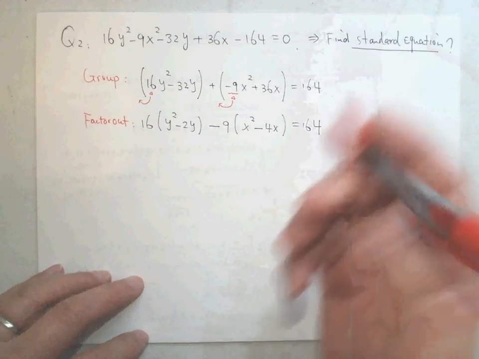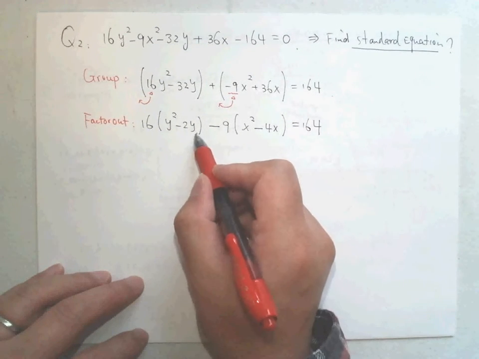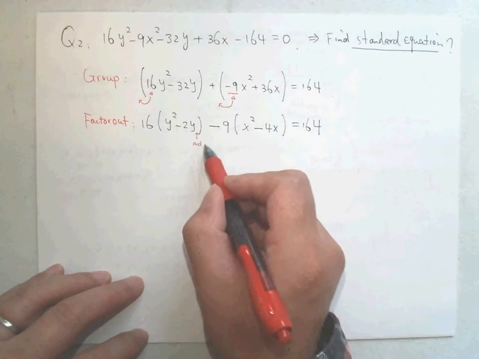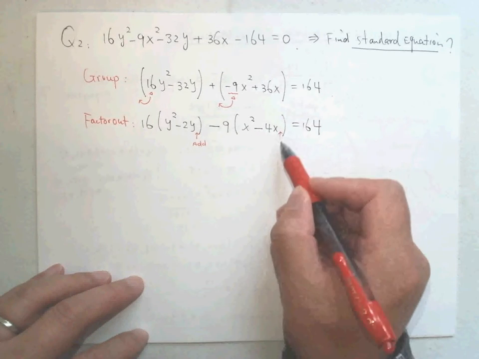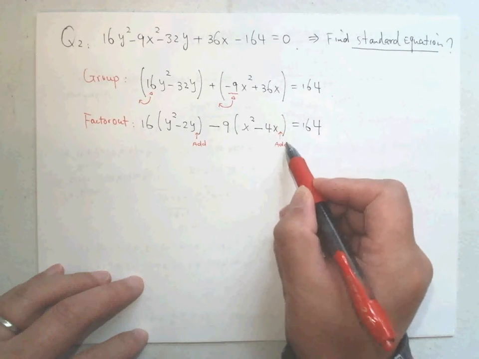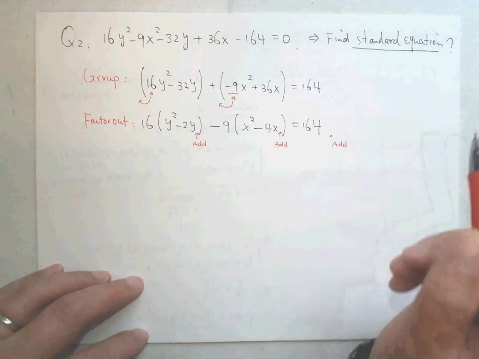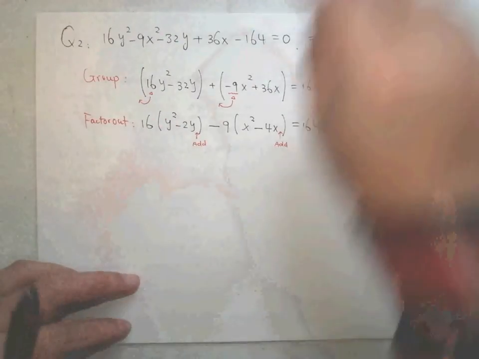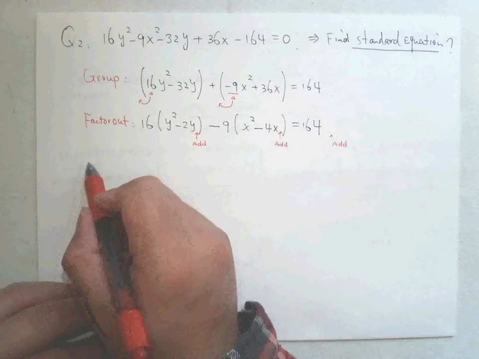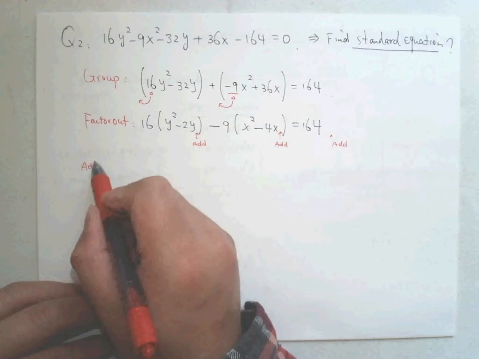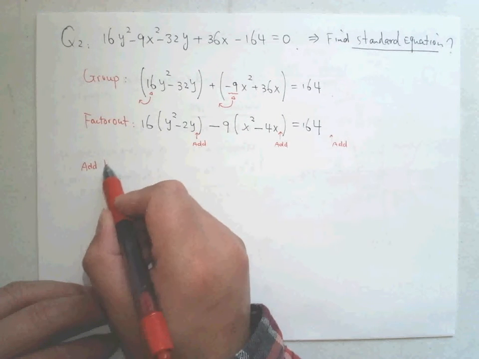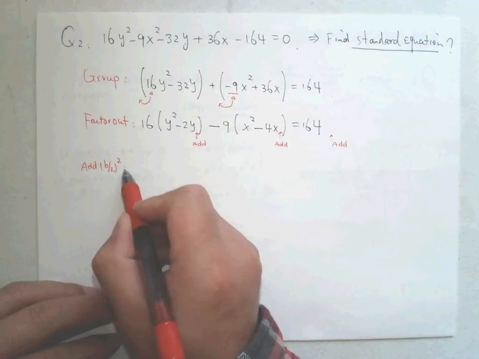And remember, another step here is going to add something. If you add this to the left, of course, you need to add it to the right. So I will show you, this is add half of b squared to the left and to the right.